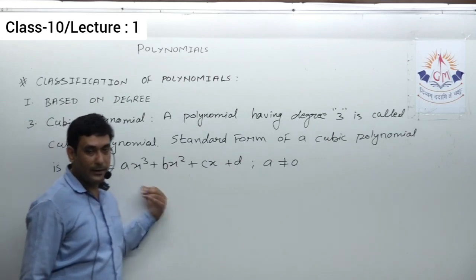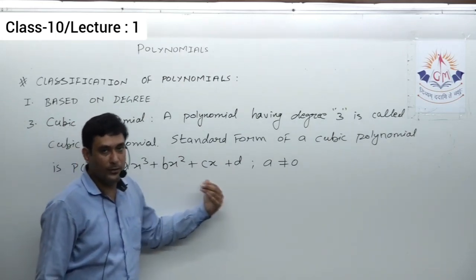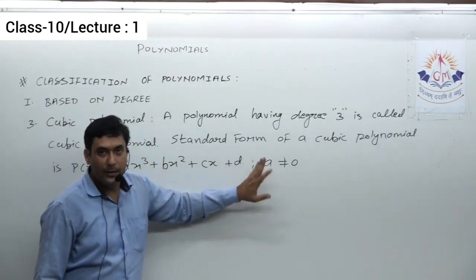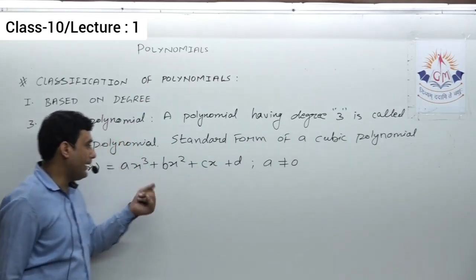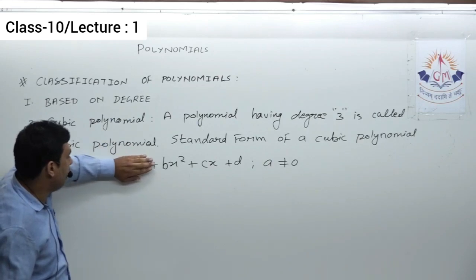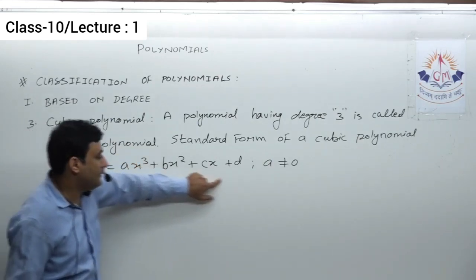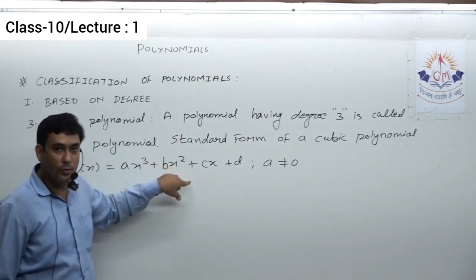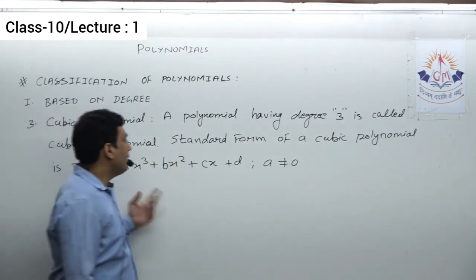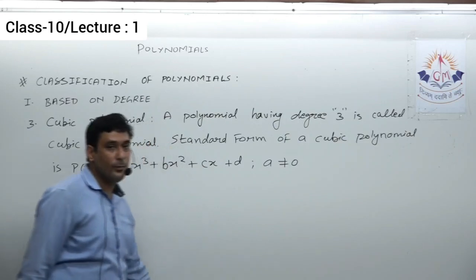Here I am writing in alphabetical order, ax³ + bx². That's why I am writing every time a is not equal to 0. Okay. So again if I make a 0, this first term won't exist. It starts from this, and in this the maximum power of the variable is 2. So it will become a quadratic polynomial instead of a cubic polynomial.